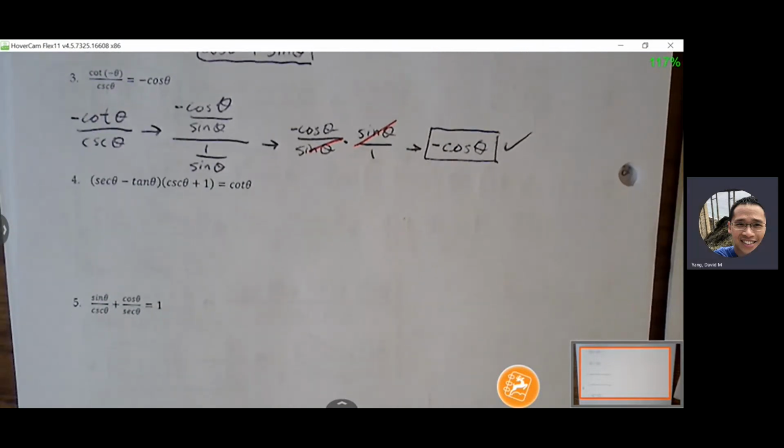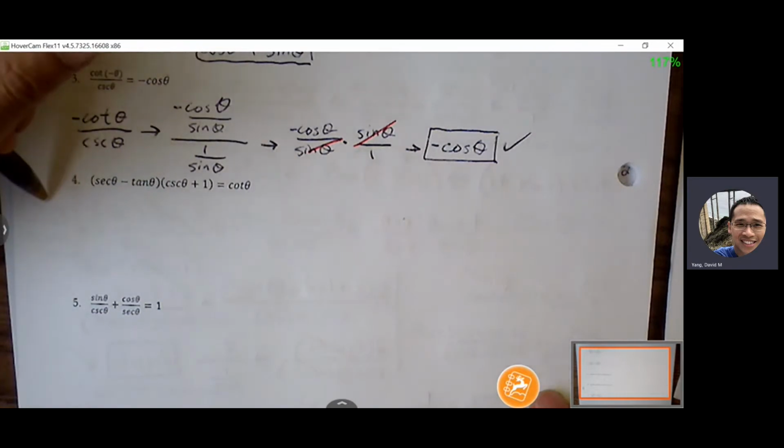All right, last one here. So I'm trying to get all that binomial into one term, so I'm just going to FOIL everything out and see what I can do from there. Okay, so bear with me here. This is a little bit longer.